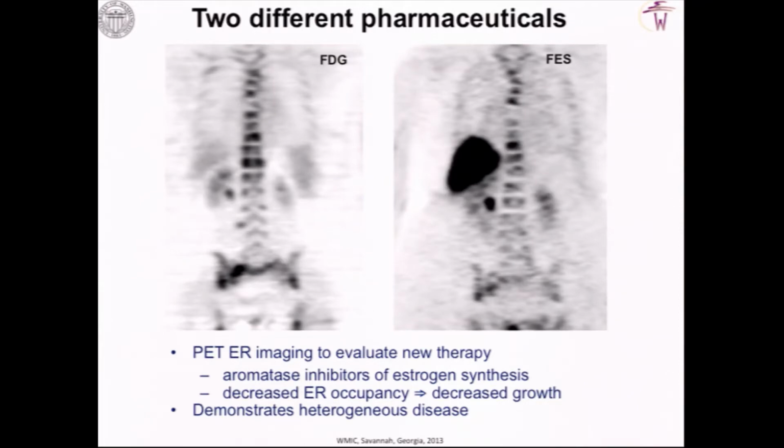But the fact that there's still some FDG signal in some of the areas where there is not an FES signal tells you that some of the tumors are not estrogen receptor positive, so you're also going to have to do some other type of treatment, like neoadjuvant chemotherapy. Otherwise, the cancer that's not estrogen receptor positive would continue to grow untreated.